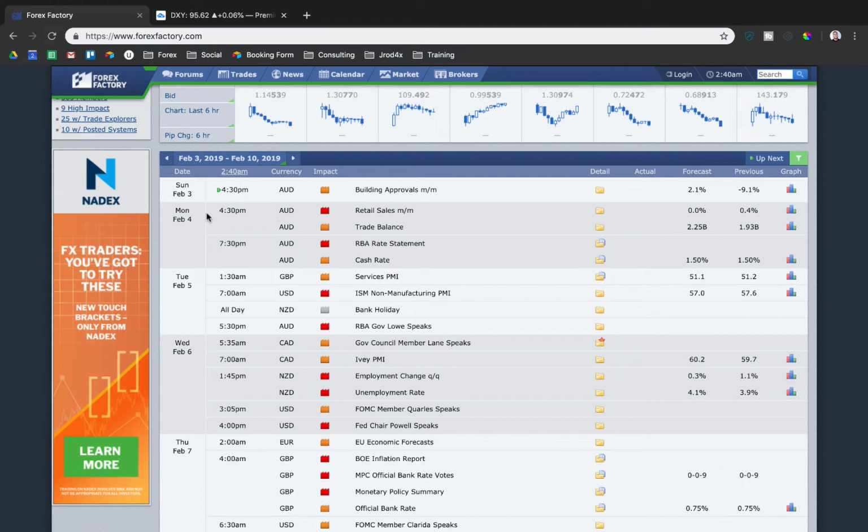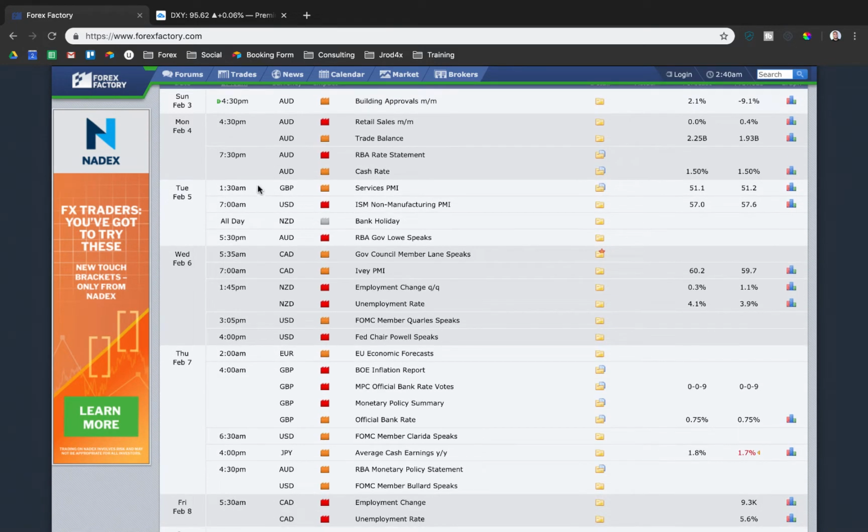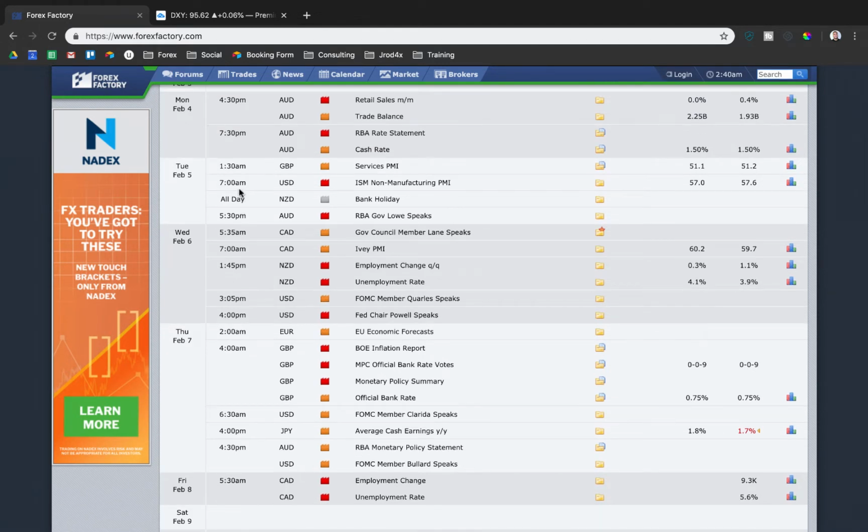Looking at Monday, we do have a good bit of Australian dollar news, so I'll be keeping an eye on that for Asia session Monday. But going into Tuesday, we have dollar index news during New York session around 7 a.m. Pacific Standard Time, so we could see a little bit of late New York session volatility for Tuesday.